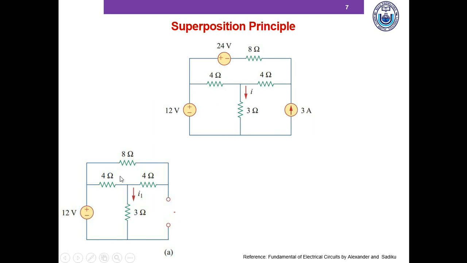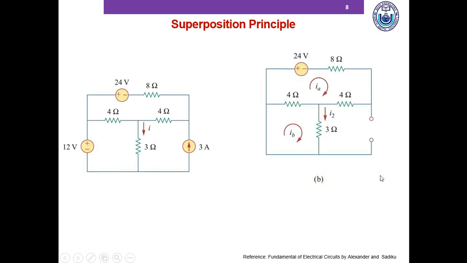When we do that, we get a much simpler circuit right here, where we have this 4 ohm and 8 ohm in series. If we combine them, that 12 ohm resistor and 4 ohm resistor will be in parallel, so we can apply a simple voltage divider, or simply apply Ohm's law, to compute I1 in this circuit, and I1 here is 2 ampere.